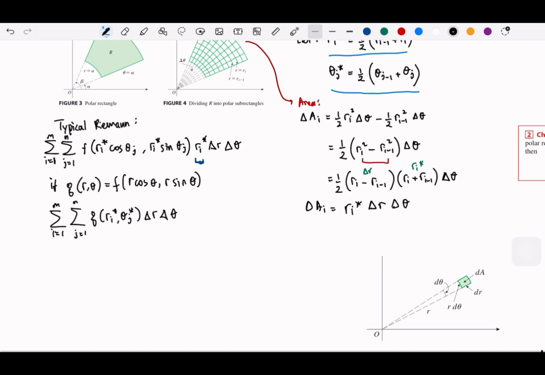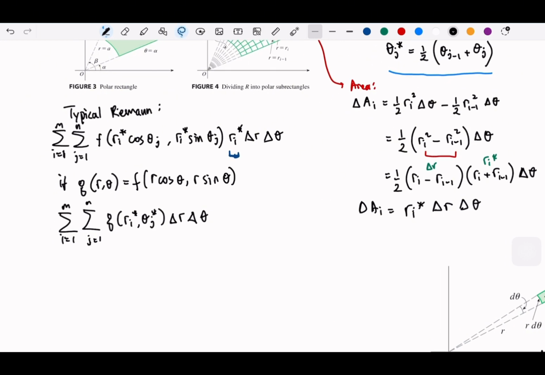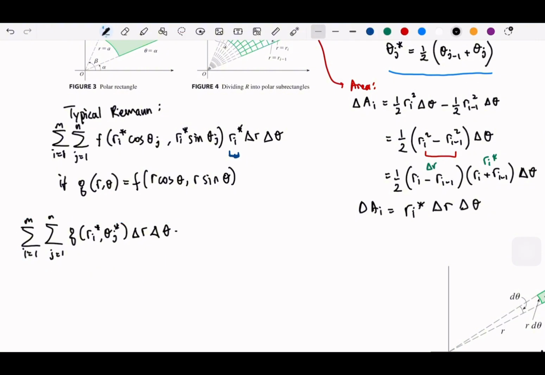Okay, let me finish this. This will be equal to the double integral.